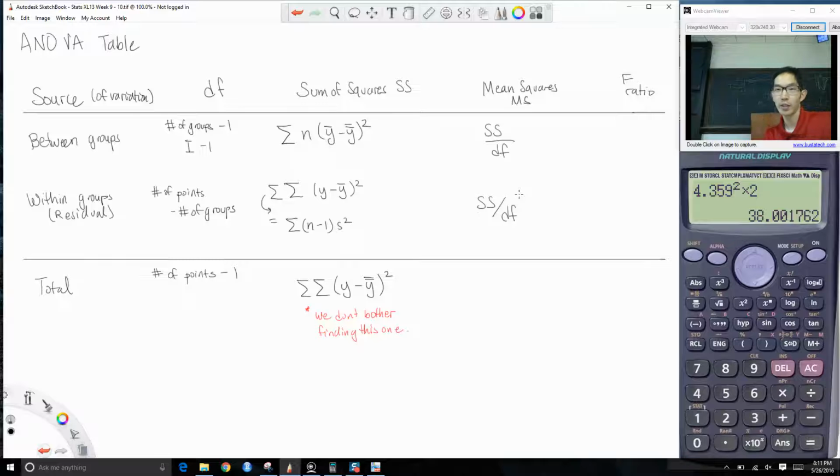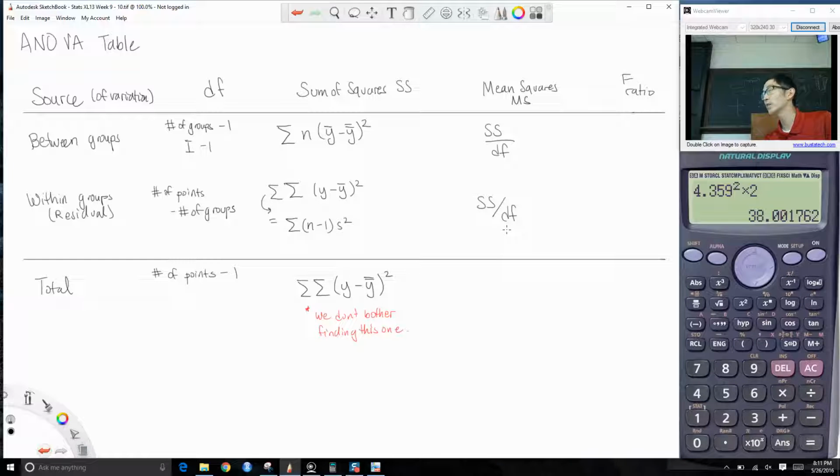And then the way we test to see if the amount of variance that exists between the groups is significant is we take a ratio between the mean squares here and the mean squares of the residuals.